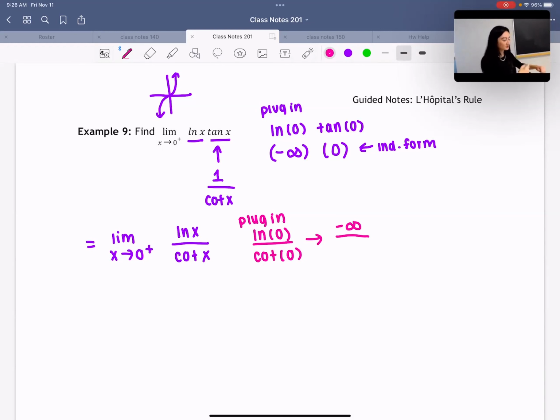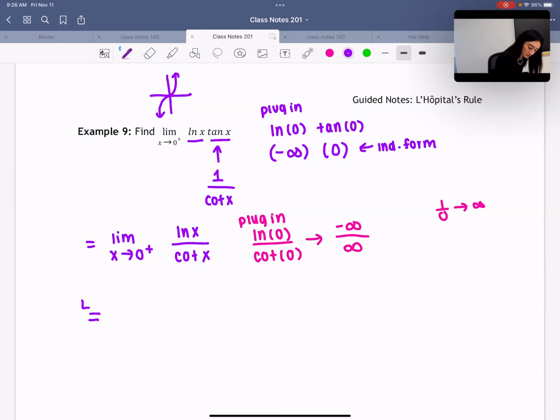Cotangent is 1 over tangent, so it's 1 over 0, which is infinity. So cotangent has to go to infinity. Okay, because we have an infinity over infinity type limit, this is an indeterminate form, we can use L'Hopital's rule. Okay, so let's go ahead and do that.